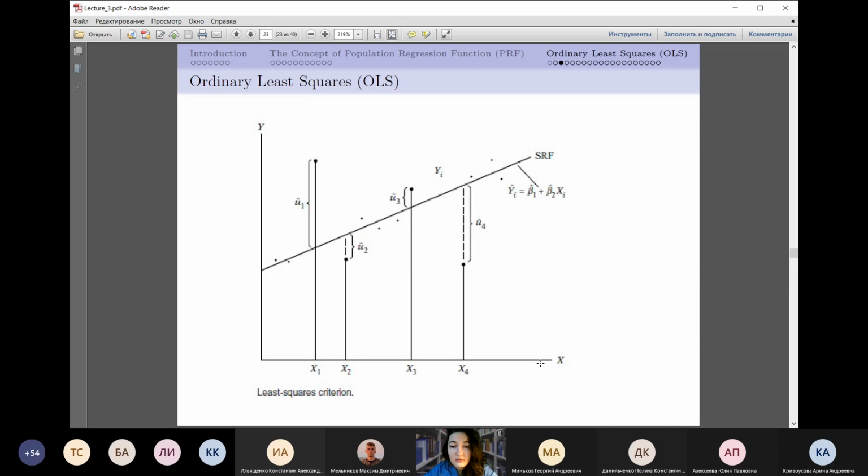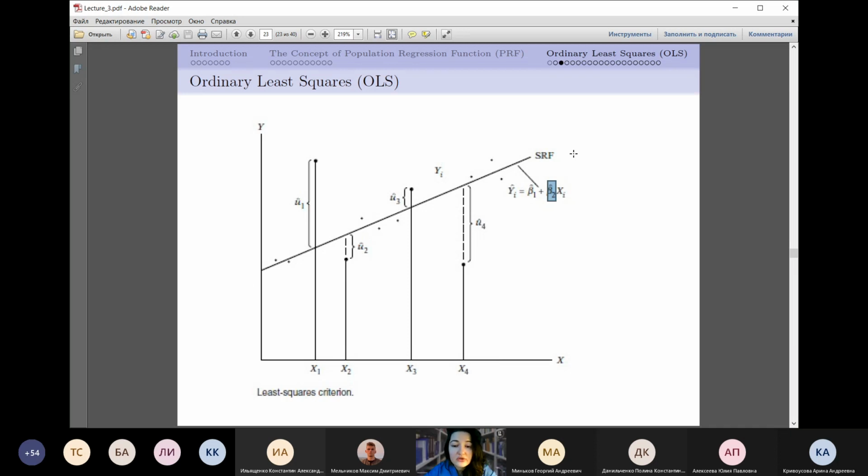Our main goal is to find the sample regression function, or to derive the sample regression line. Why? Because we need to find these two unknown parameters. But we have an idea how to draw this line.